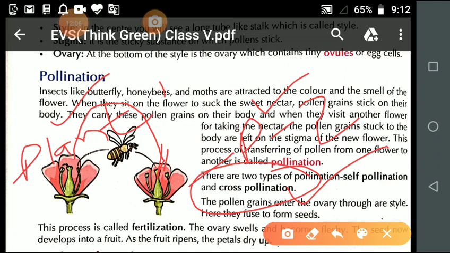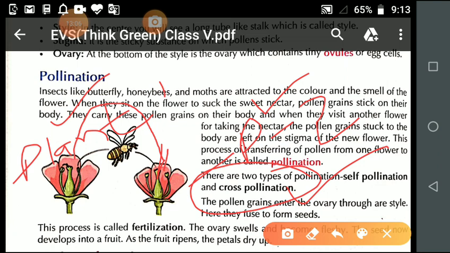Then when these insects visit another flower for taking the nectar, the pollen grains stuck to the body are left on the stigma of the new flower.